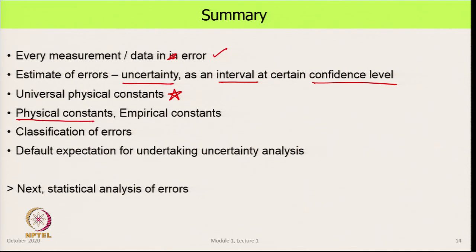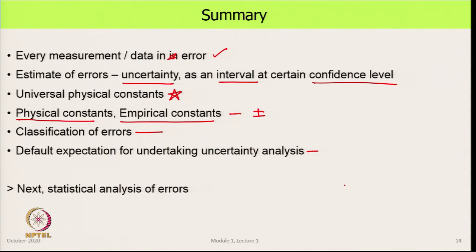Then we said that as engineers and scientists we make some other measurements, and make our own constants and formulas. Those are empirical constants. Both of these have uncertainty associated with them. Some of them can be neglected, some cannot. Then we looked at the classification of errors according to both the standards, and finally said that there is a default expectation for uncertainty analysis, which is that there are no blunders and that the experimenter is being honest.